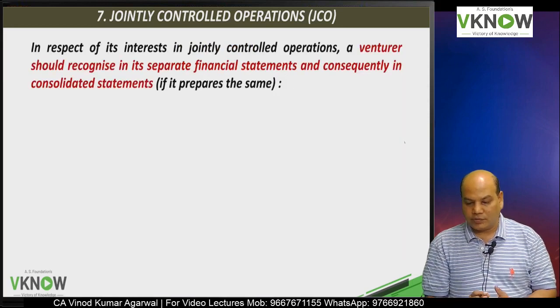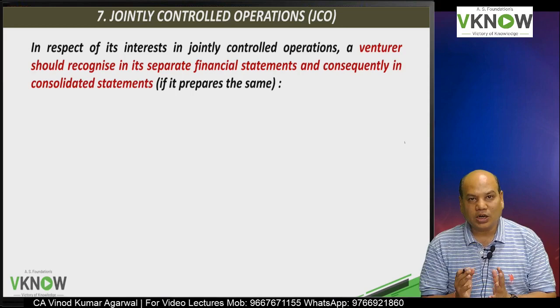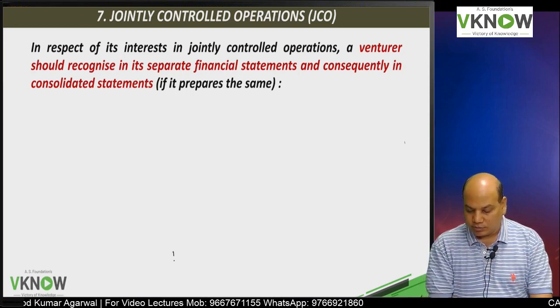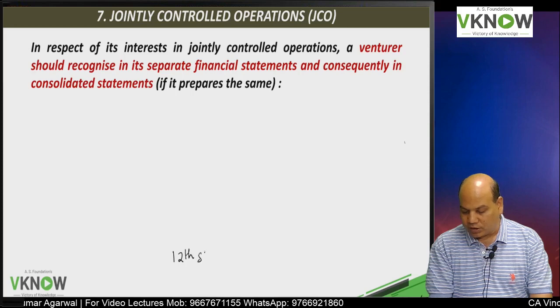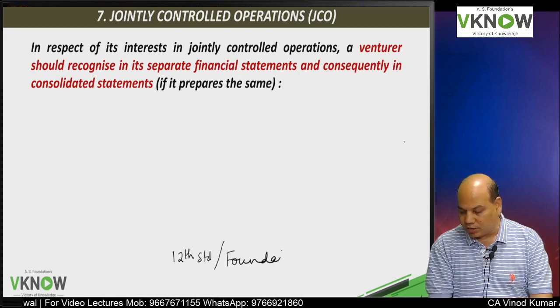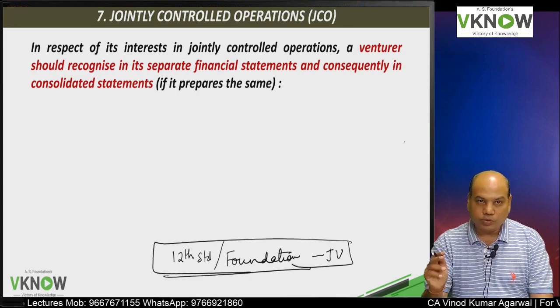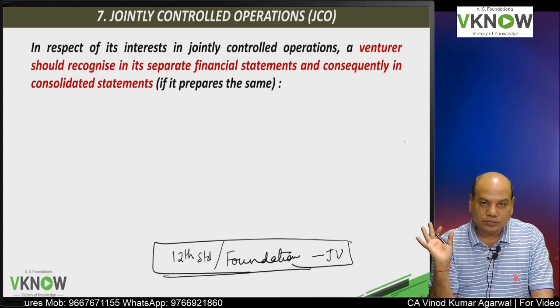Now the question is how to do accounting of JCO. Very easy. What you have learnt in 12th standard, or I don't know whether they still teach you in CA Foundation course about joint venture accounting, you have to just follow the same.